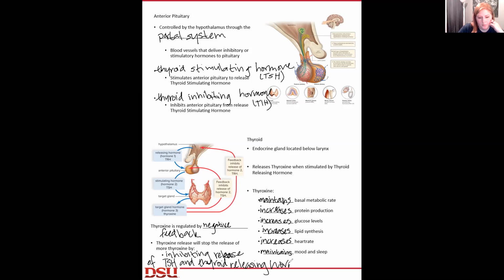So if you ever have blood work done for your thyroid, they'll look for a couple of different things in your blood. There's TSH, so looking for the level of TSH in your blood. They look for T3, they look for T4, and there's one called free, I can't think of what the other one's called.